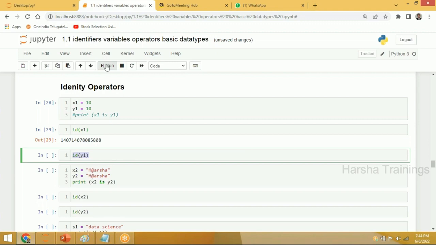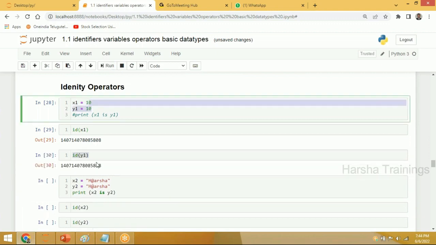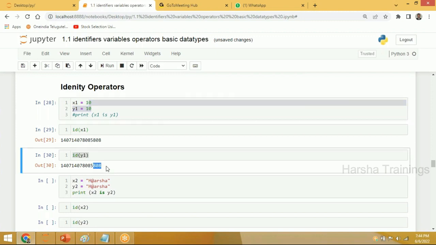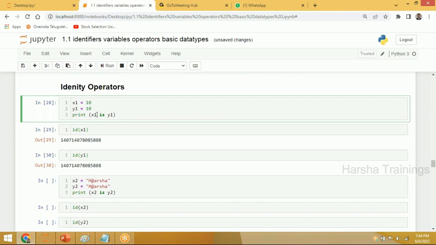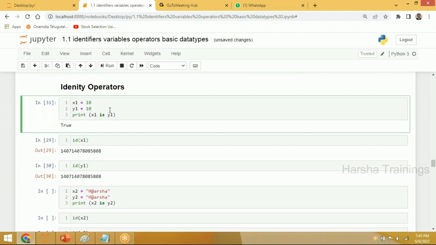Id of y1 is the same. If you have the same value, both will share the same memory. Now if I use the is operator, x1 is y1, do they share the same location or not? If they share the same location, it returns true. Clear?